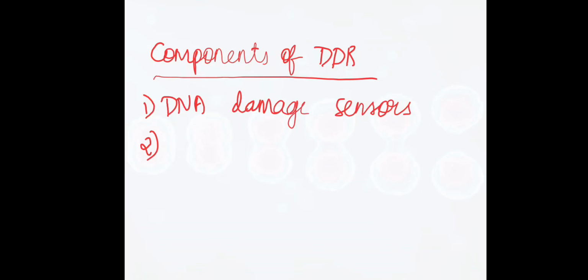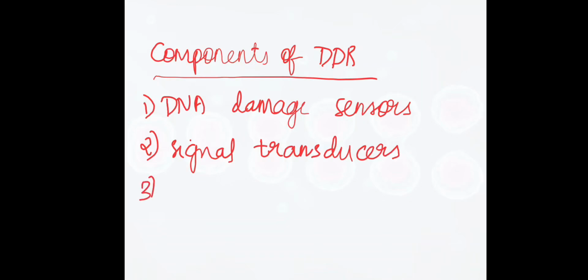With respect to the ATM pathway, the DNA damage sensor detects the double-stranded break. Then it initiates signal transduction. Who is initiating? Signal transducers. Then the last component is the effector.